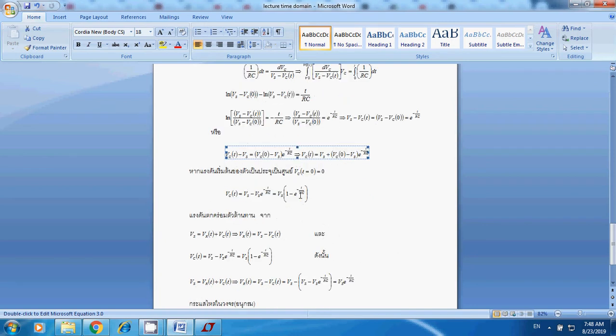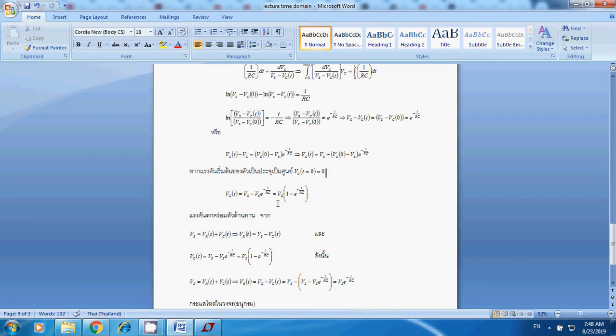Well, if you analyze the equation, you can see that for the time equal to 0, this exponential term becomes 1, right? So you have 1 minus 1, which is 0. So Vc(t) equals Vs multiplied by 0, that means equal to 0.